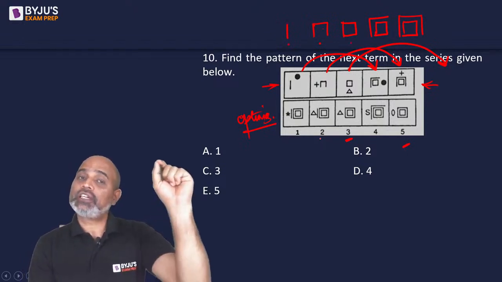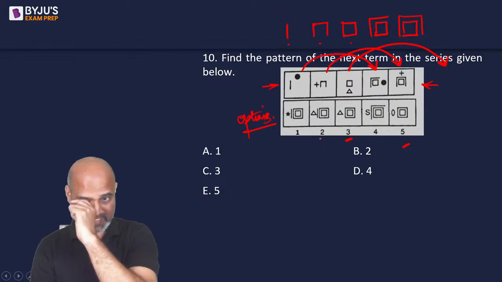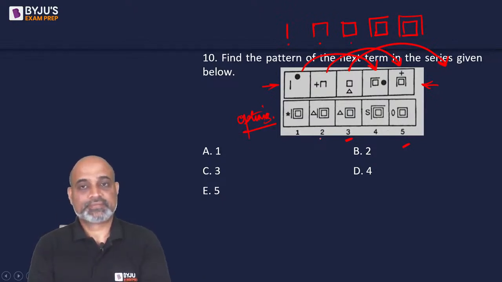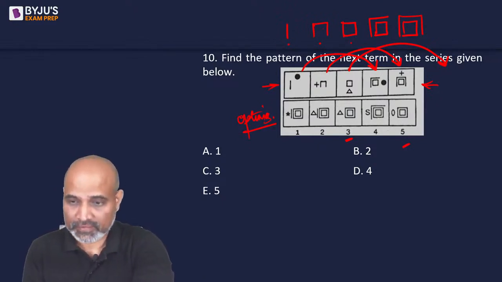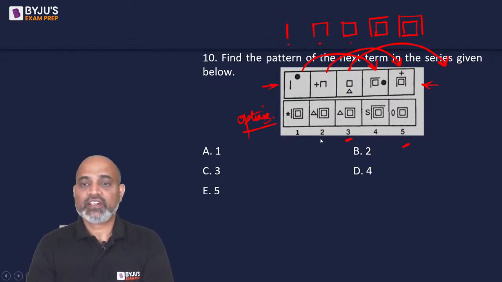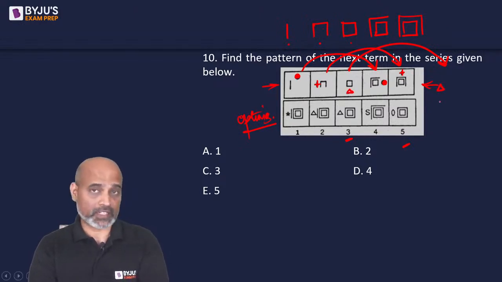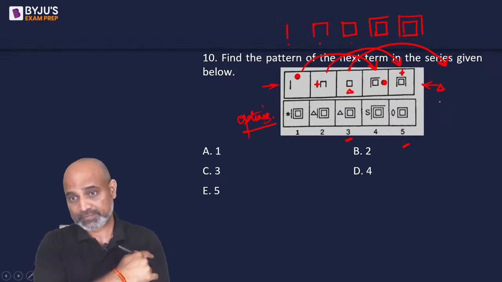Then we will look into the outer symbols which are rotating. Okay. Anyone? B and C make. ठीक है. So we have the dot here, we have a dot here, we had the plus here, we have a plus here, we have a triangle here. So the next figure, the sixth figure should have a triangle, and the triangle should be facing west, right?